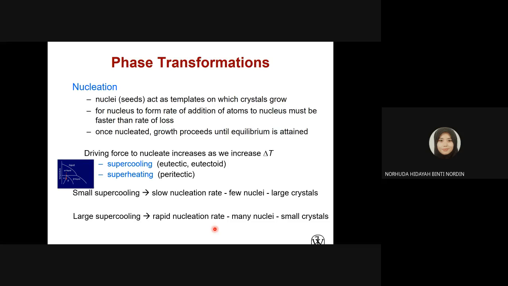You will get many nuclei, and it will result in small crystals, because the period of time is very short with a large supercooling. The crystals cannot grow large. So the crystals will be small.